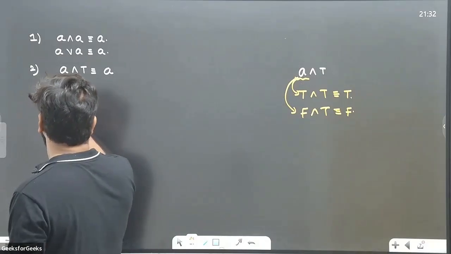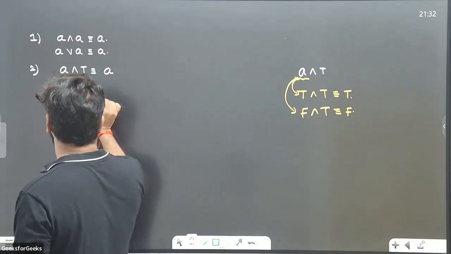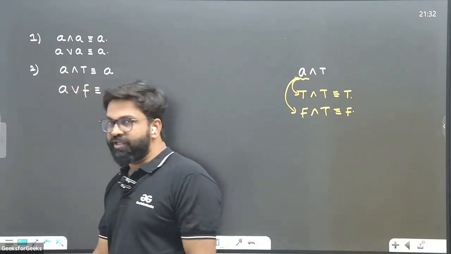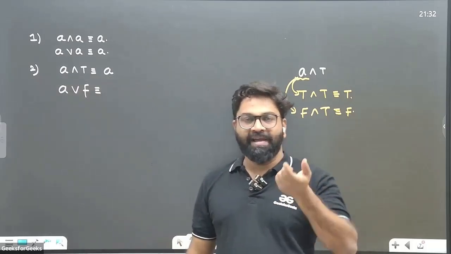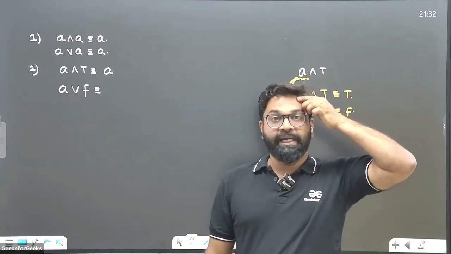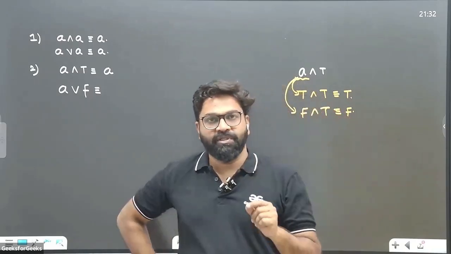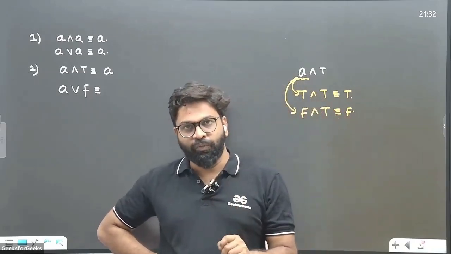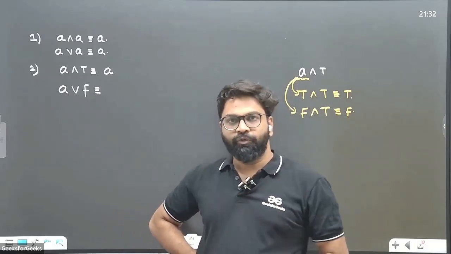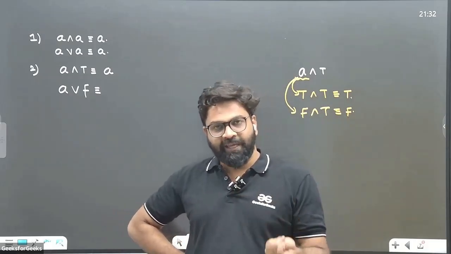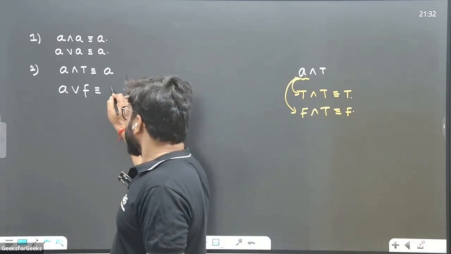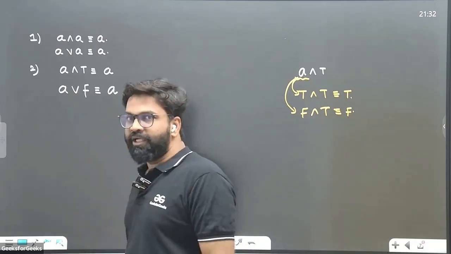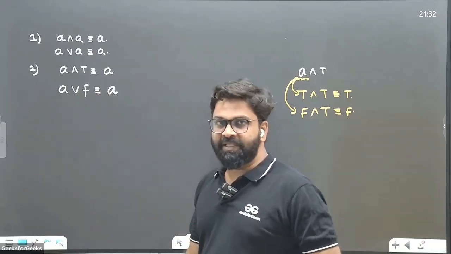Now suppose I'm writing A or false. What is the value of this expression? The value of A can be either true or false. If you put the value of A as true, then true or false becomes true. If you put the value of A as false, then false or false gives false. That means whatever value of A I put, I will always get the same answer.